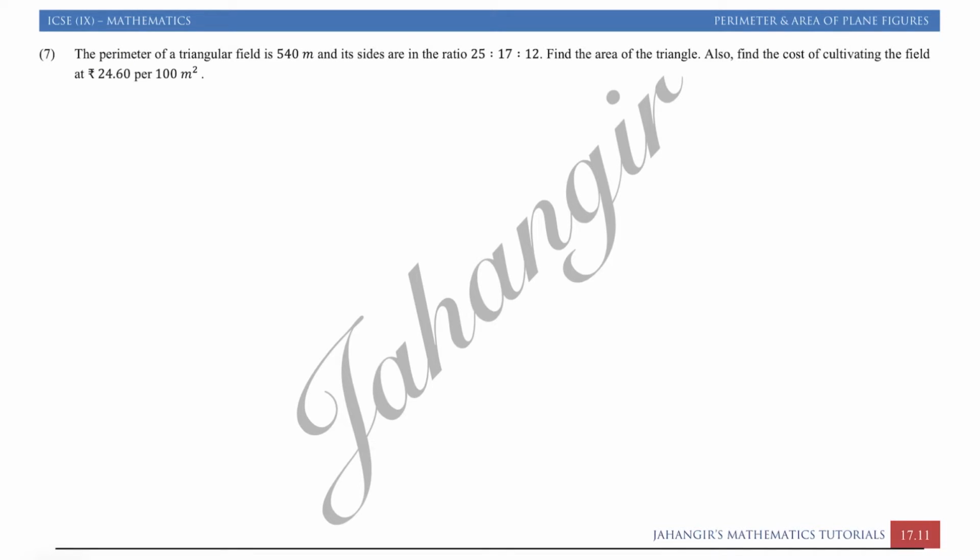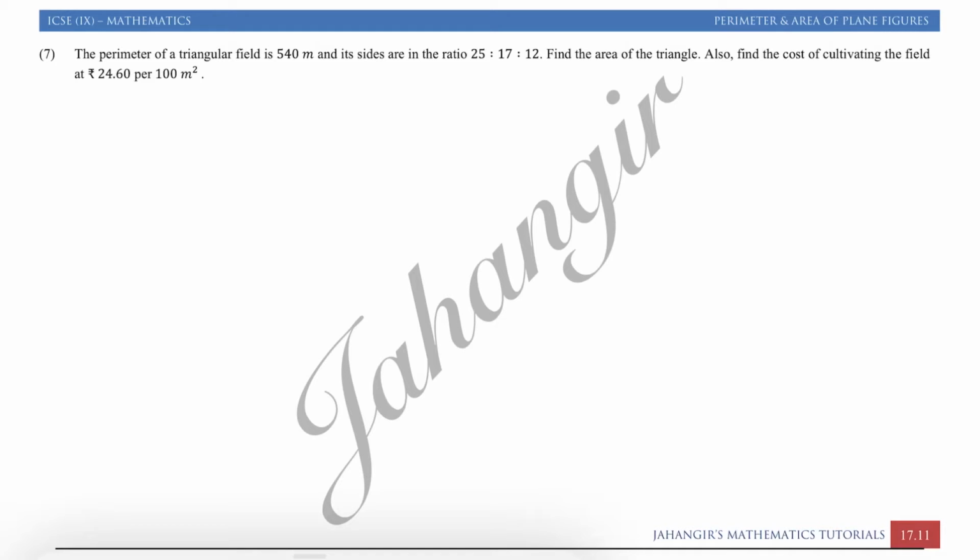Next question is of the same pattern. The perimeter of a triangular field is 540 meter and its sides are in the ratio of 25:17:12. Find the area of the triangle. Also find the cost of cultivating the field at a rate of 24.60 rupees per 100 meter square.